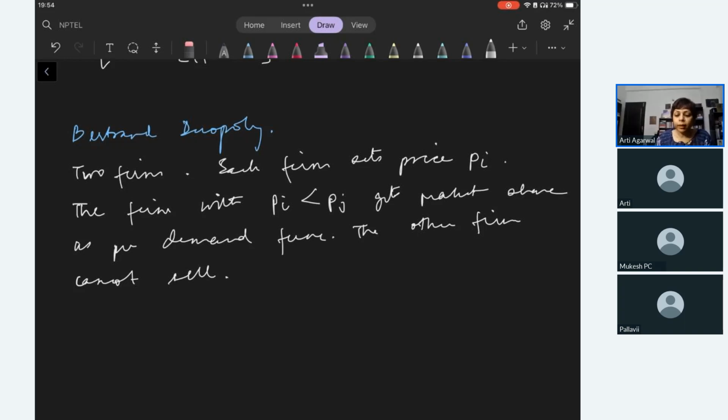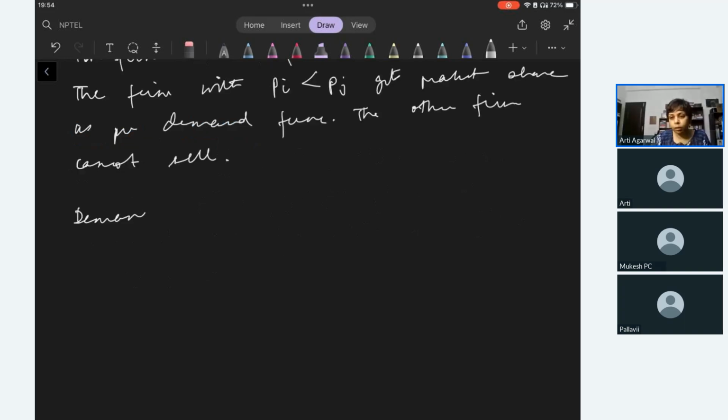And if P1 is less than P2, and suppose a demand function, let me write some demand function. I'm just taking the one which is there in this particular question, but it can be some other function also. Just bear that in mind.